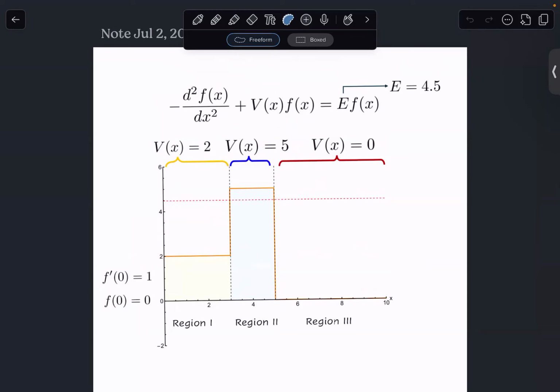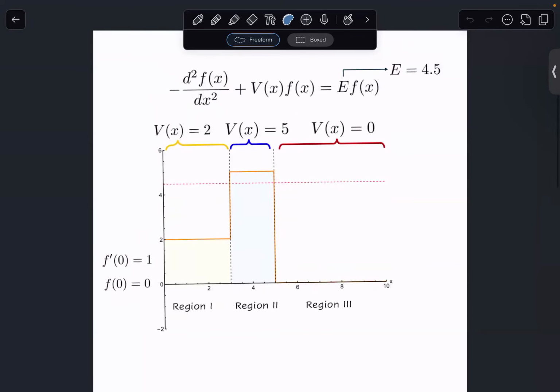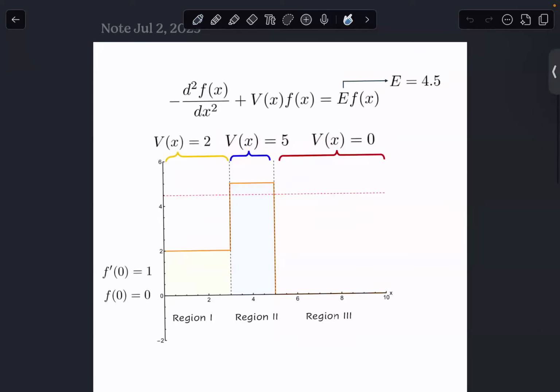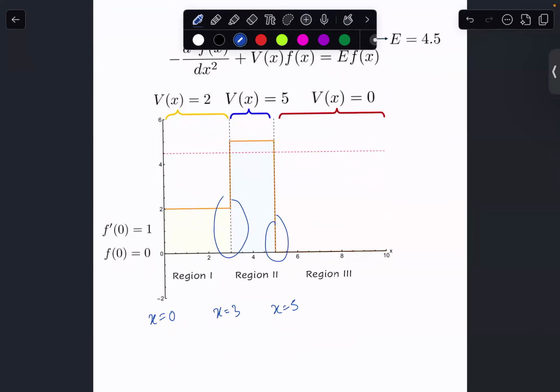So before we start, let us understand what principles we need to keep in mind while solving this problem. At the terminal edges, at x equals 3 and at x equals 5, we have to satisfy the boundary conditions, as we also have to do at the terminal at x equals 0.